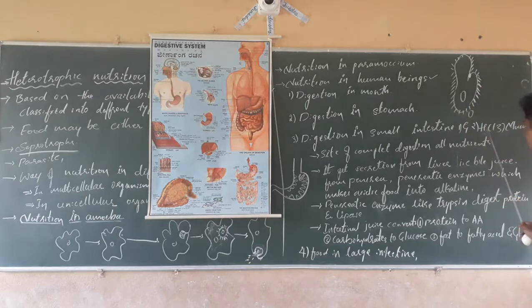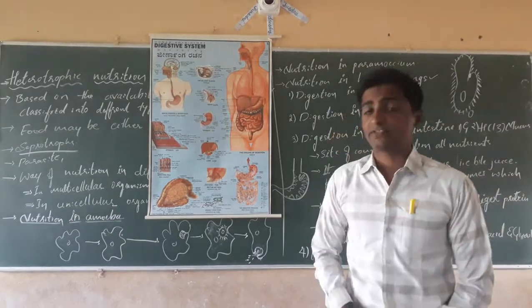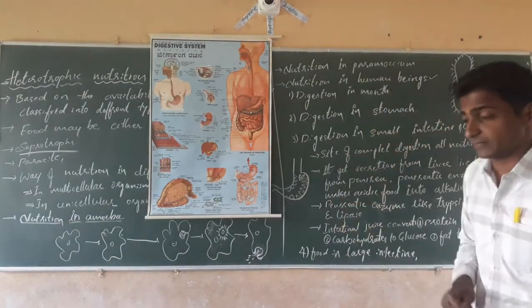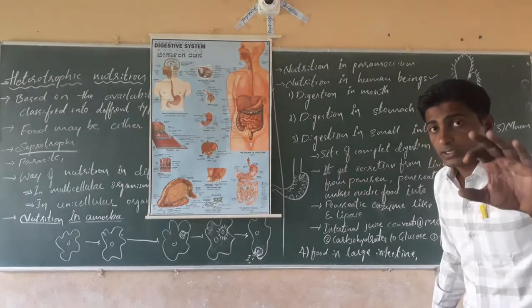The next, dear students, hydrochloric acid. The second secretion is hydrochloric acid, which is acidic in nature. It is secreted by the gastric glands present in the stomach.